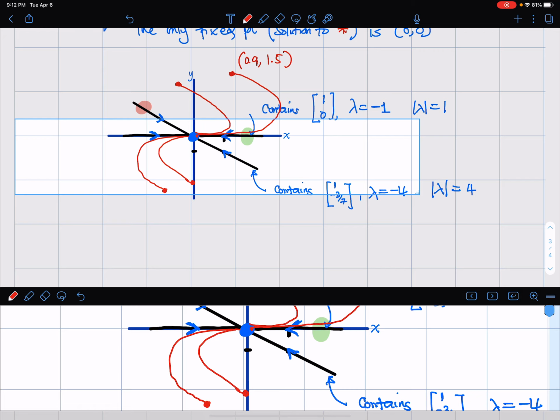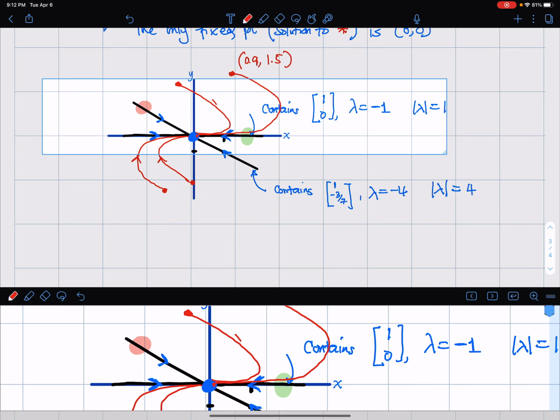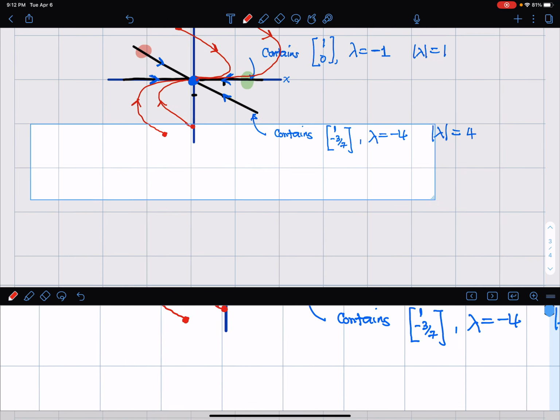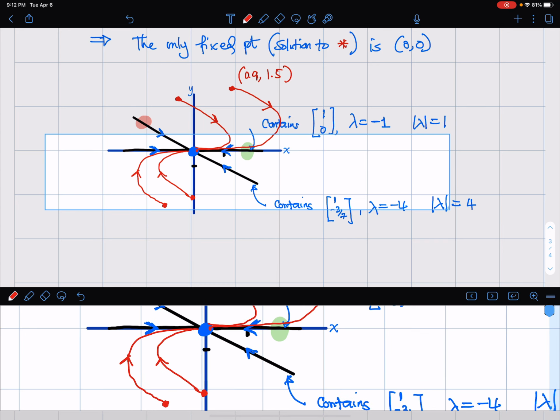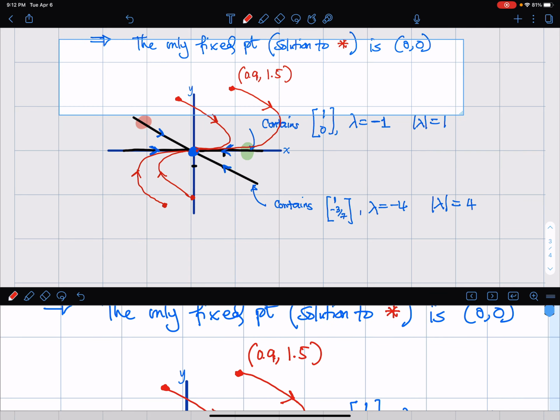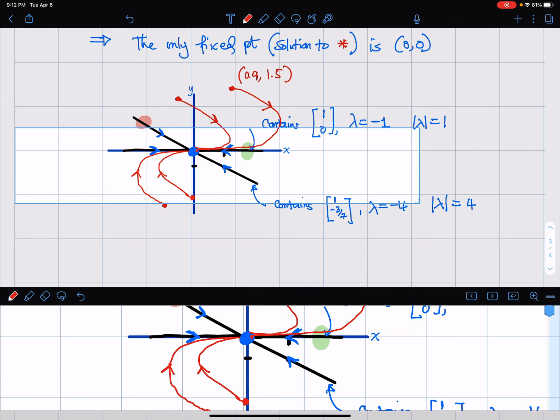I'm going to use an arrow to demonstrate the direction of all the trajectories. So this is a 2D phase plane. This is the initial condition and it goes towards the origin.